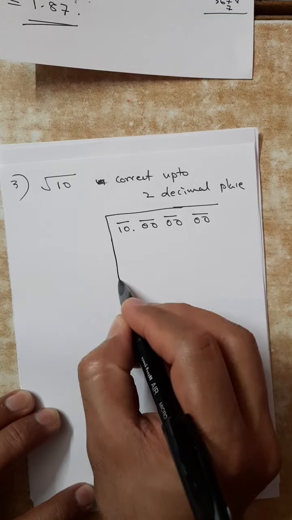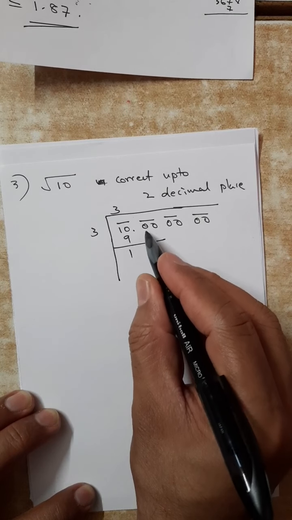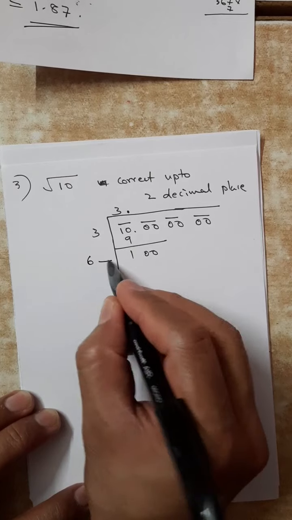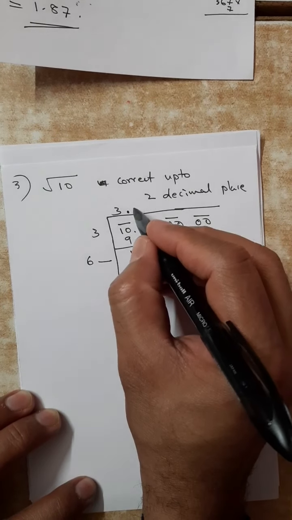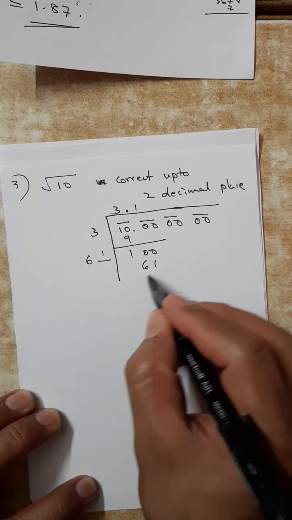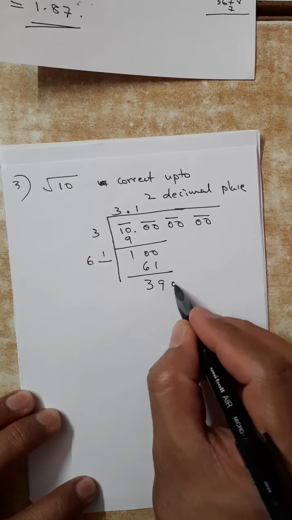So let us do it. 3 3s are 9, balance 1. Bring in the next group, decimal 0 0. Double of 3 is 6. With the 6, what will go? 61 into 1 is 61. Subtraction. Bring in the next group.